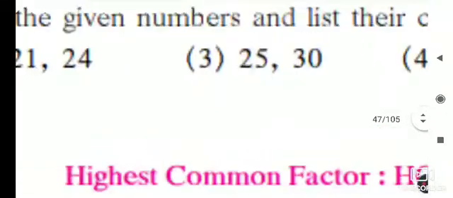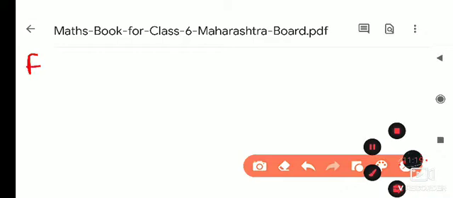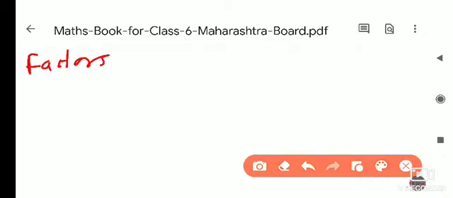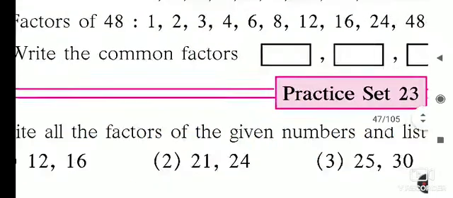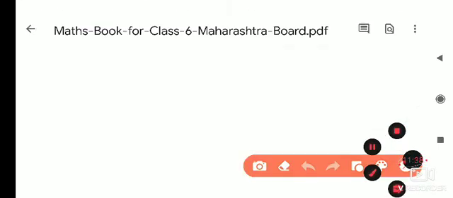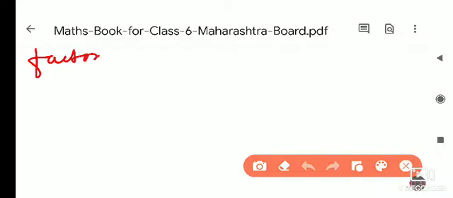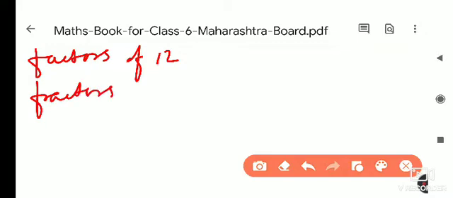So we have to find the factors of 12 and the factors of 16.